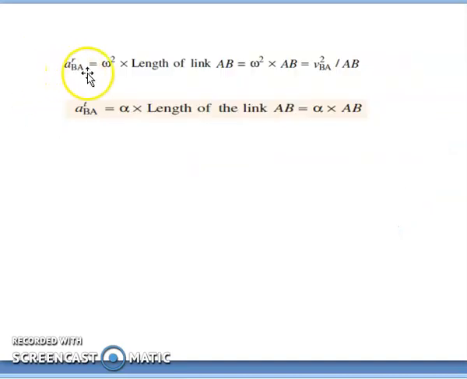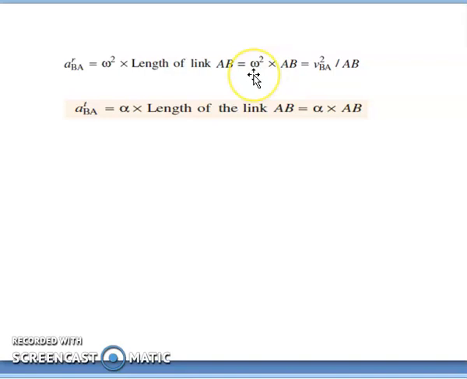And the radial component of acceleration is given by omega square into length of the link AB. You can also call that the radius of rotation, where omega is the angular velocity. So it is given by omega square into AB. We already know that VAB is equal to R omega.